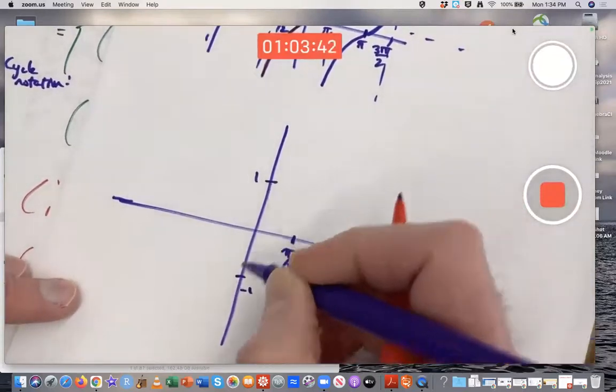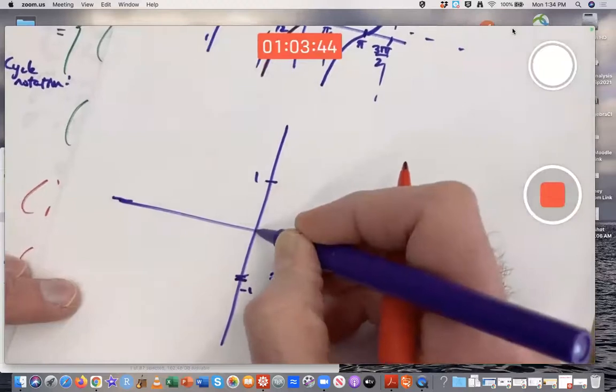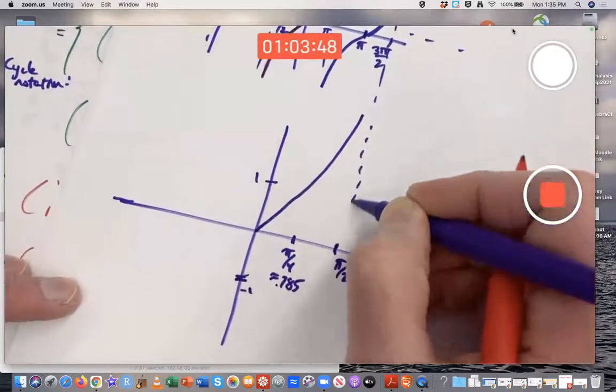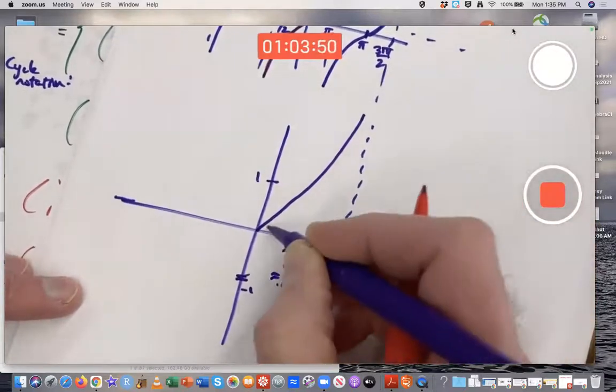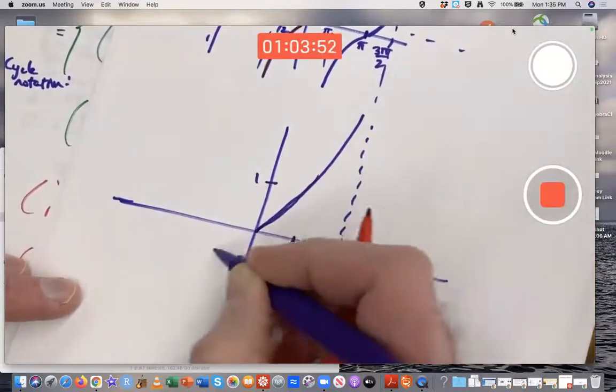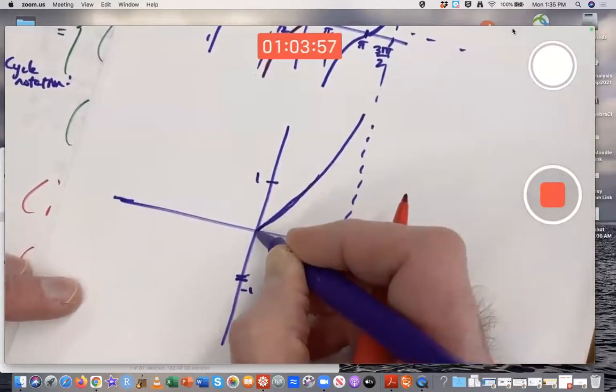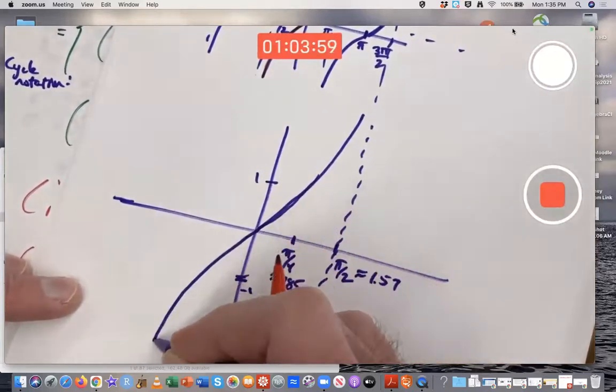Tangent is also an odd function. If you graph it to this side of the vertical axis, its graph to the other side of the vertical axis can be found by reflecting through the origin. Looks about like this.